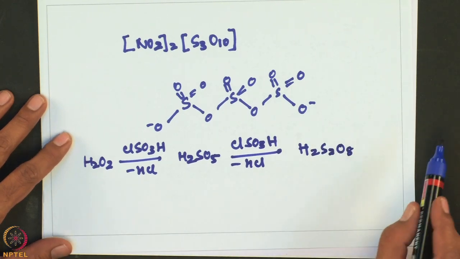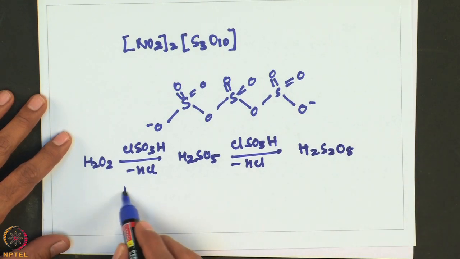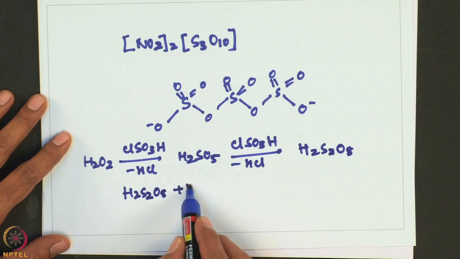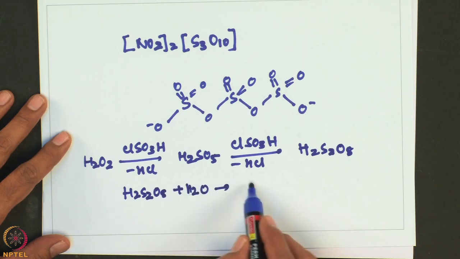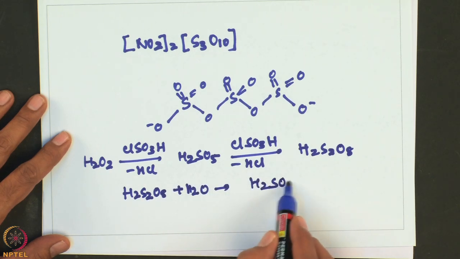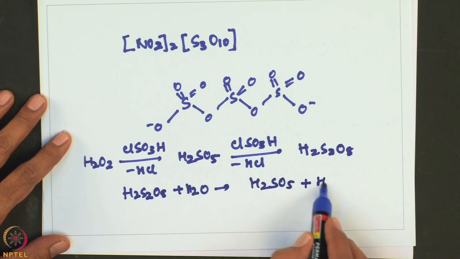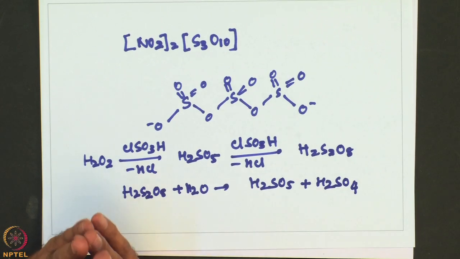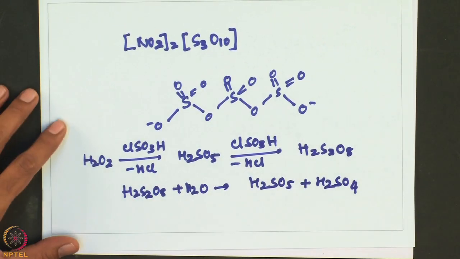Okay. Of course, H2S2O8 on treatment with water gives H2SO5 plus H2SO4. Okay. Both acids are crystalline solids at 298 Kelvin.